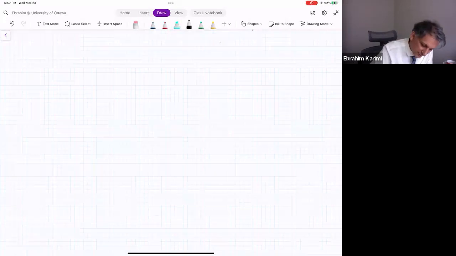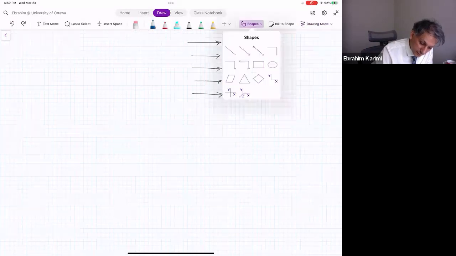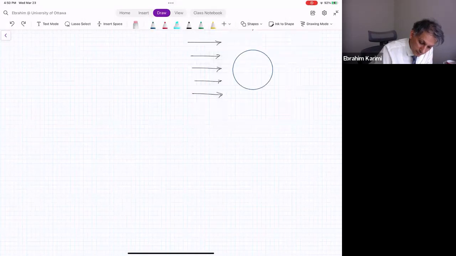I have an electric field, a uniform electric field, and then I place a sphere here, with a radius of A and with a dielectric constant of epsilon.